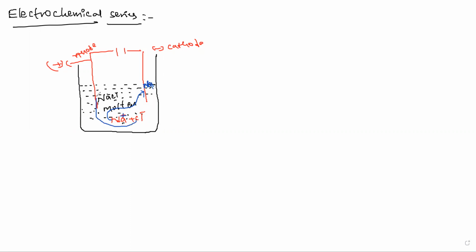And chlorine moves towards the anode and evaporates as Cl2 gas by losing its electrons to the anode. Did you understand? Na plus moves towards the cathode and Cl minus moves towards the anode. The sodium will deposit on the cathode and chlorine will evaporate from the anode.